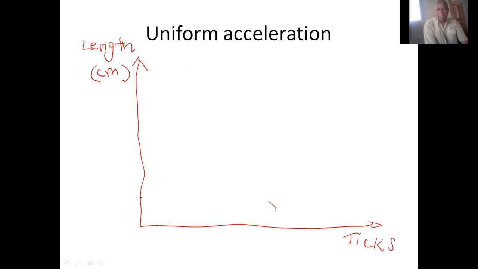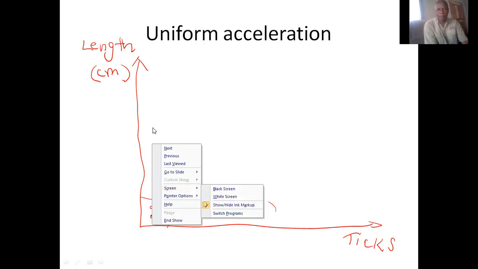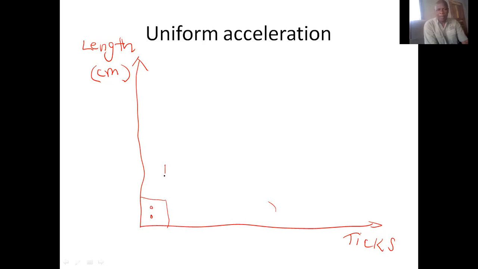For an accelerating object, this bar shows these were the dots, and then another one, and another one, three of them in the graph.